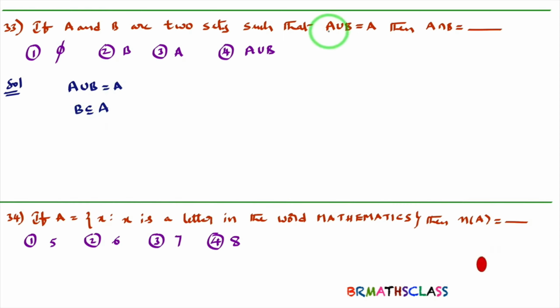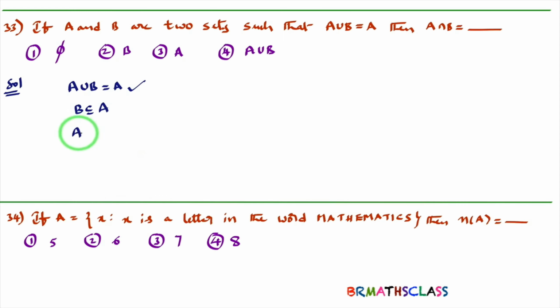So as they given A union B equal to A, they are trying to tell you that B is subset of A. Okay. When B is subset of A, what is the bigger set here? A is the bigger set, B is the smaller set. Remember, when we do union, we will get the bigger set. When we do the intersection, we will get the smaller set.